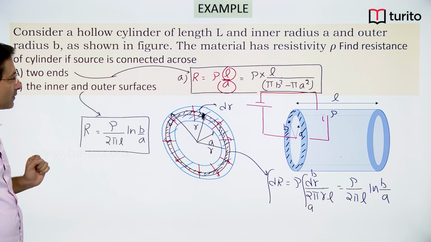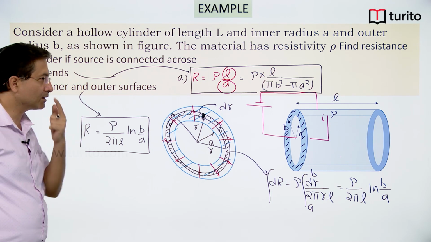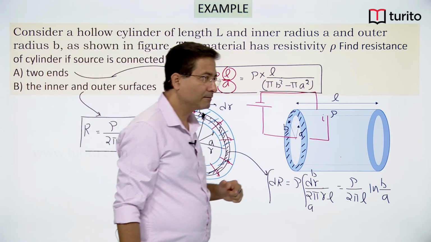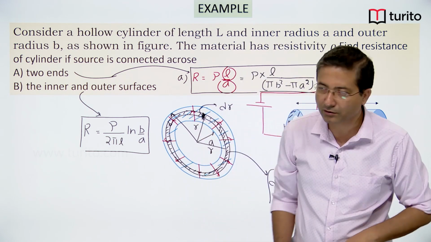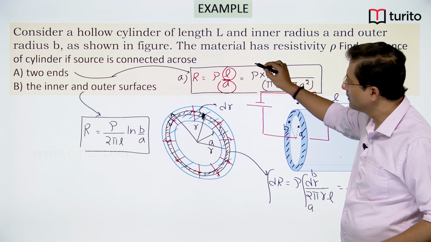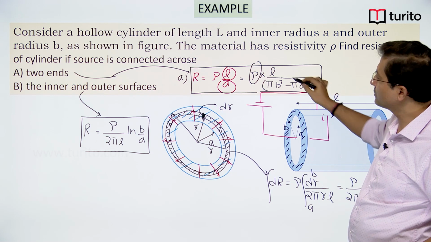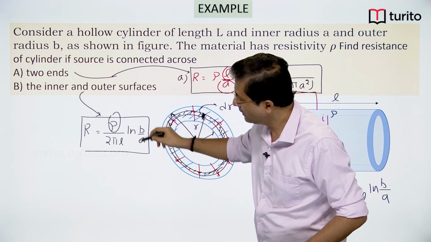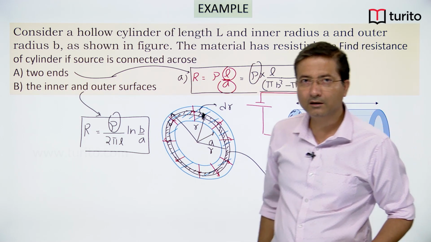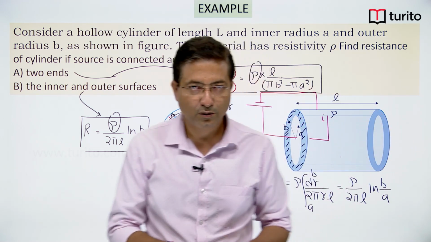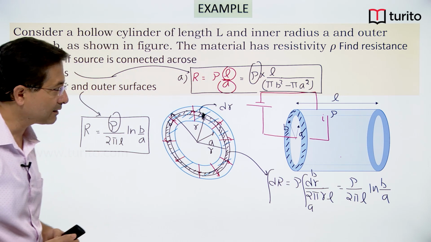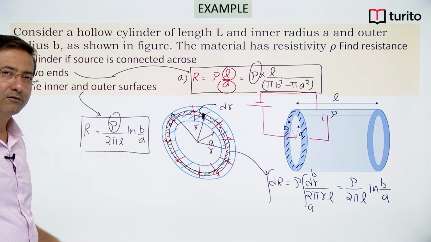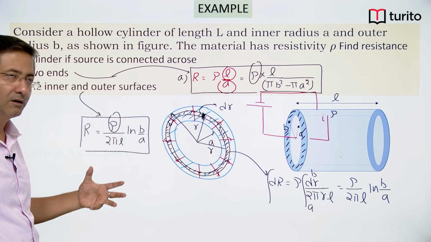and we are going to get a different result. Now, in both cases one thing is common: resistance depends on the material's resistivity and the dimensions. So while calculating resistance, you have to keep in mind how current is flowing.